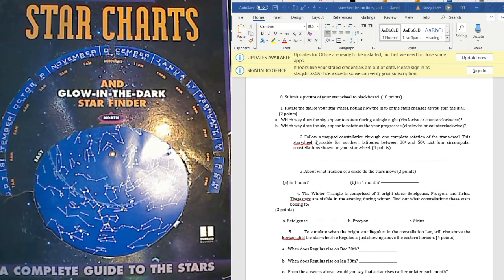So in 12 months, there's going to be another complete cycle, right? And so in 1 month, 1 divided by 12 months in a year is going to give us the fraction of a circle that the stars move with respect to us in 1 month.